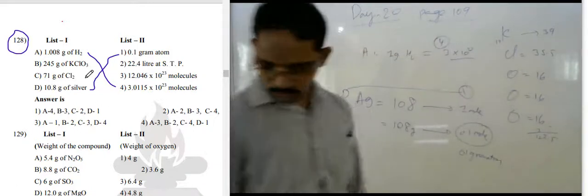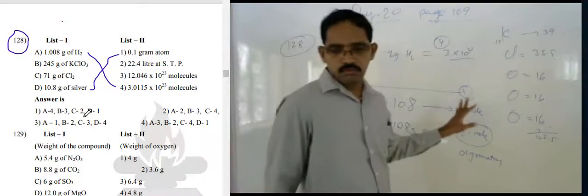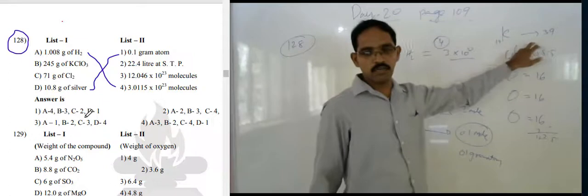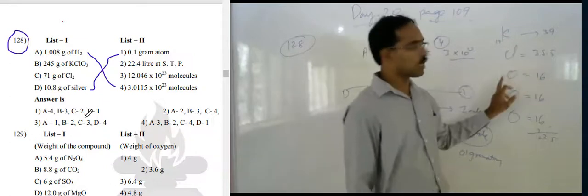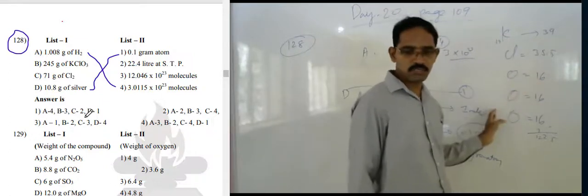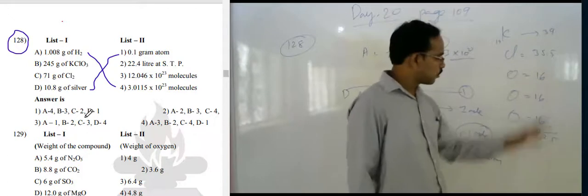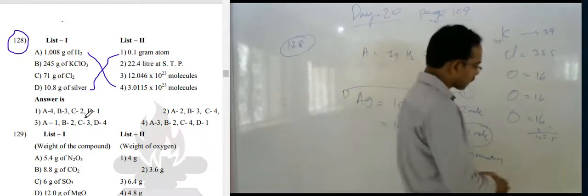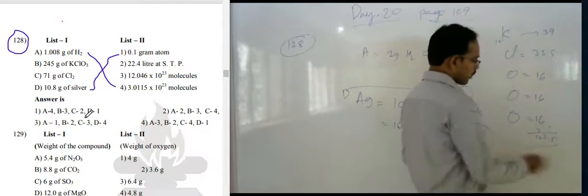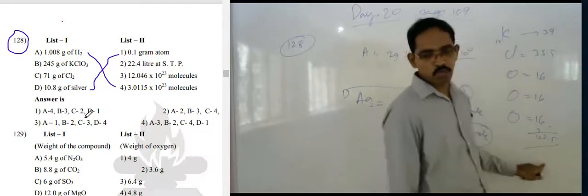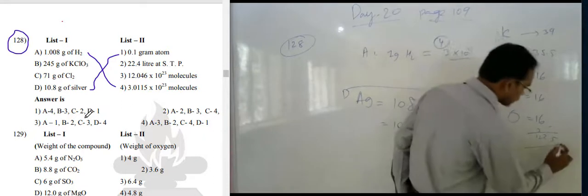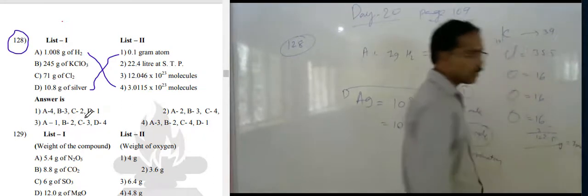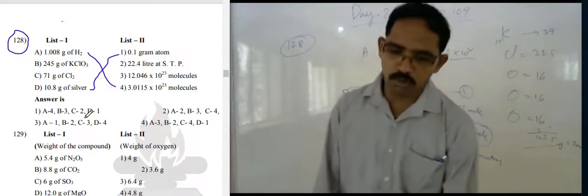KClO3 molecular mass: potassium 39, chlorine 35.5, oxygen 16, 3 oxygens are there, 3 16s, do the total sum. 122.5. That means 122.5 grams equal 1 mole.